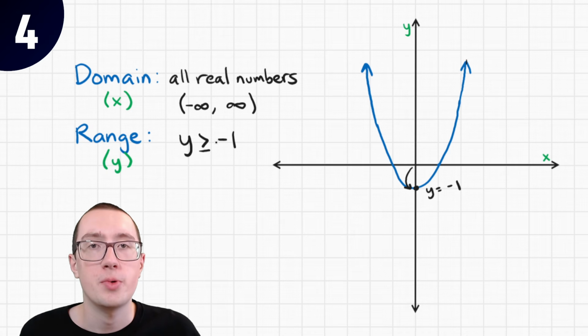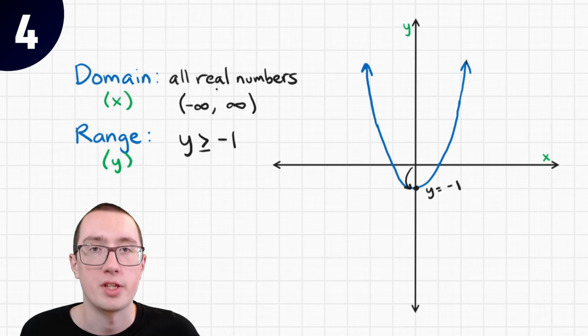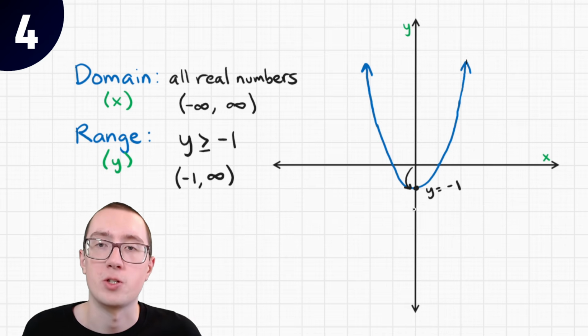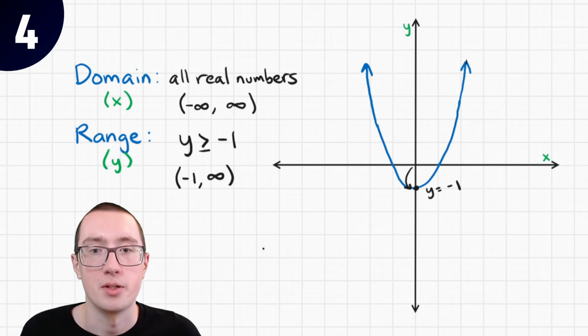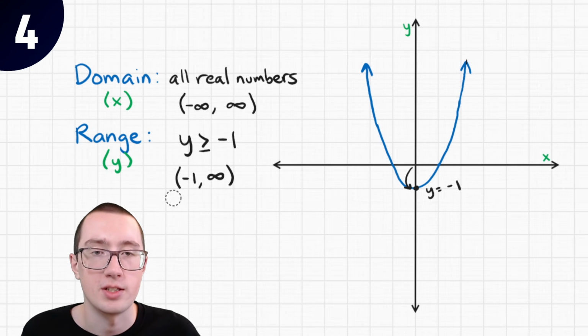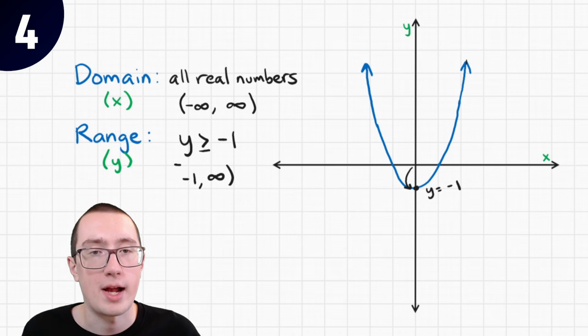The other way you can write your range is just like we did before with the domain. So we can put it in parentheses and say that we're going from -1 all the way up to infinity, because it goes infinitely upward but not downward. And there's actually one more thing that we have to change here as well, because -1 is included in the answer. So next to -1, instead of parentheses, we're going to have a bracket.